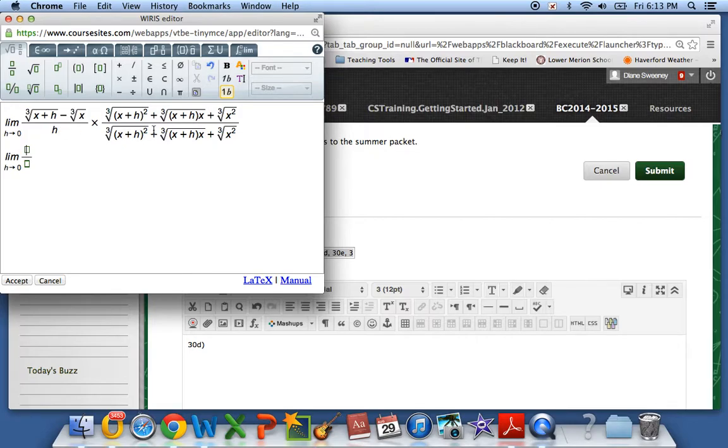We know that when we multiply this binomial times the trinomial, we're just going to be left with x plus h minus x. And on the bottom, we're going to have this whole pain in the neck thing. So I'm going to copy that. On the bottom, I'm just going to type in h, and then brackets, and then I'm going to put in that whole thing. Just wait for it.